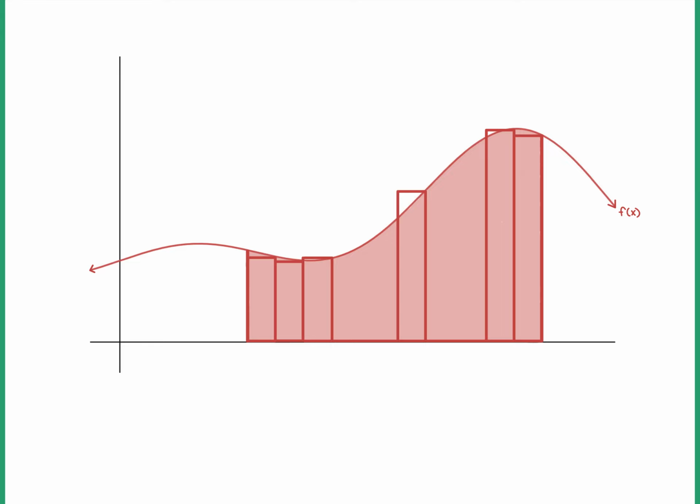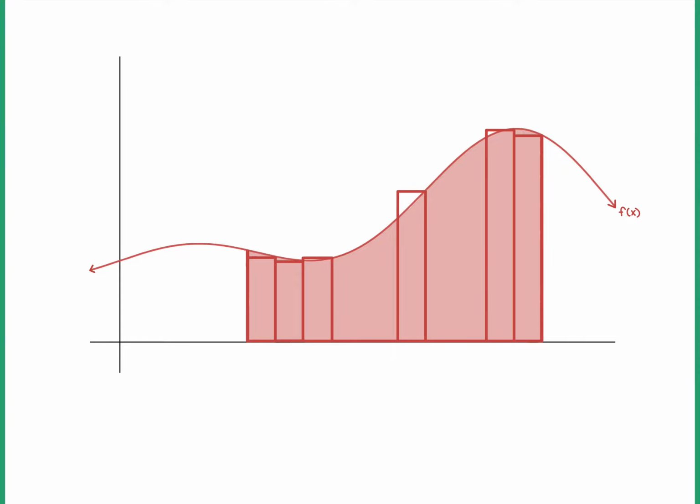In each subinterval we put a rectangle, one rectangle per subinterval, and find the area of all the rectangles. Add up all the areas, and that estimates the area between the curve and the x-axis. That's what all this area is, always between the curve and the x-axis.